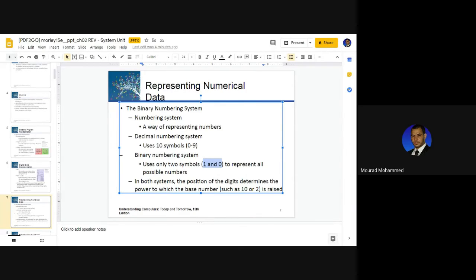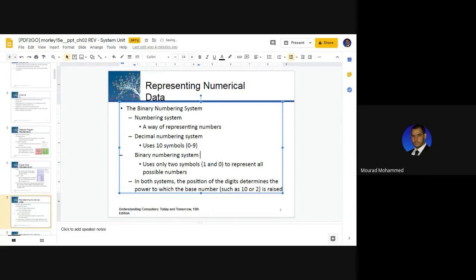Translating from 0 to 9 to ones and zeros is an input. But in output, from binary-based data to decimal-based data, the decimal numbering system also acts. It means, for example, I give you the following number.